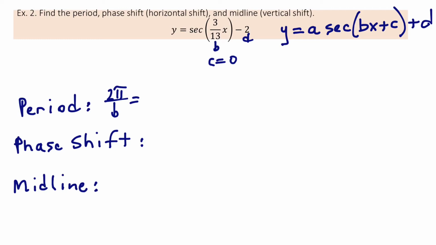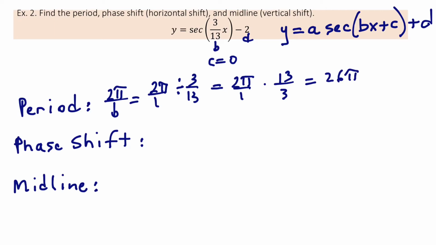So 2 pi divided by b, so that's 3 over 13. So we can say this is the same thing as 2 pi over 1 times 13 over 3. So that's 2 times 13 times pi over 3. So this would be my period here.